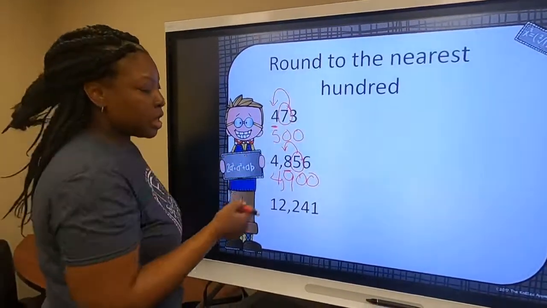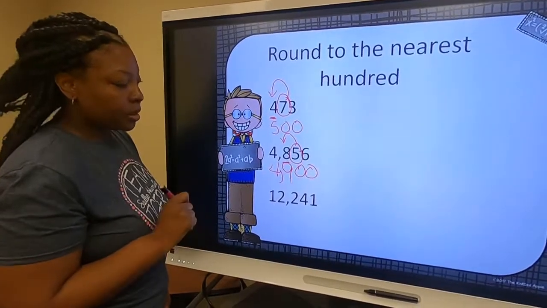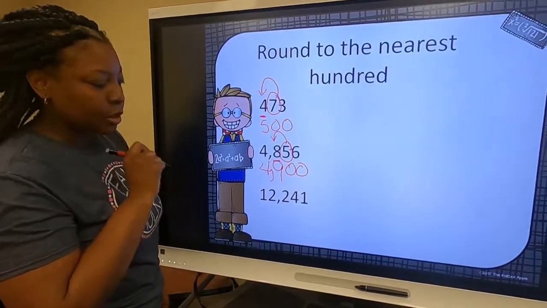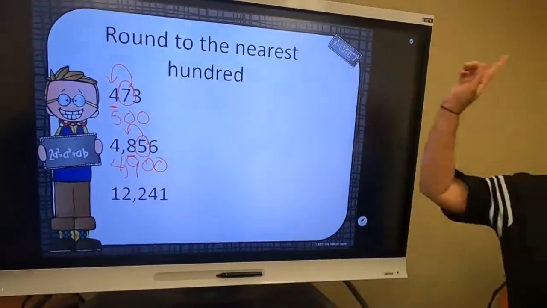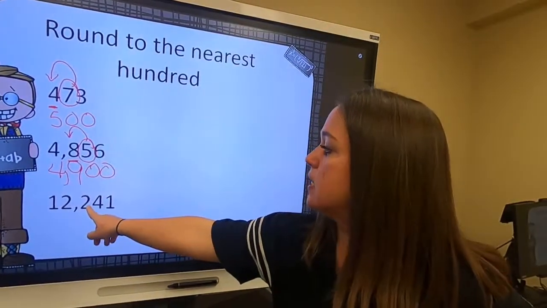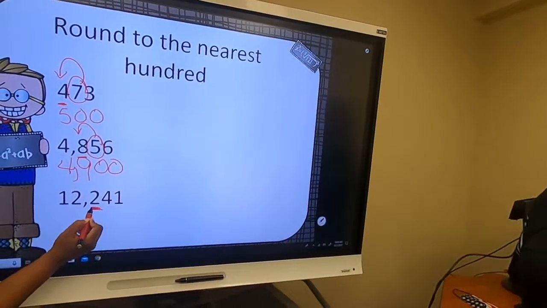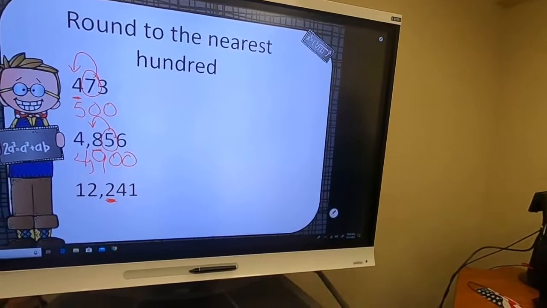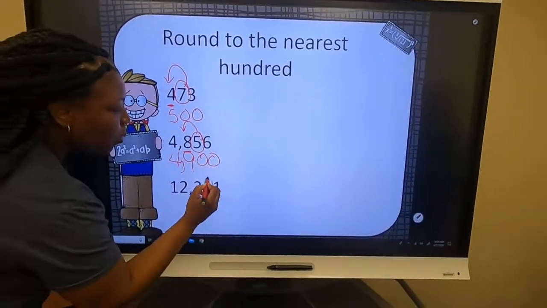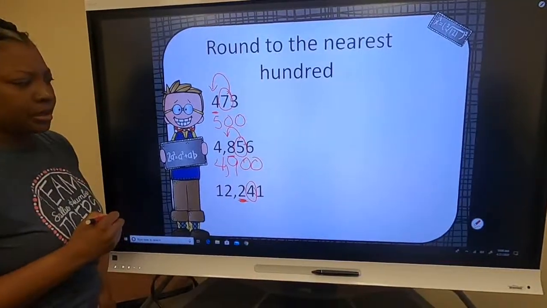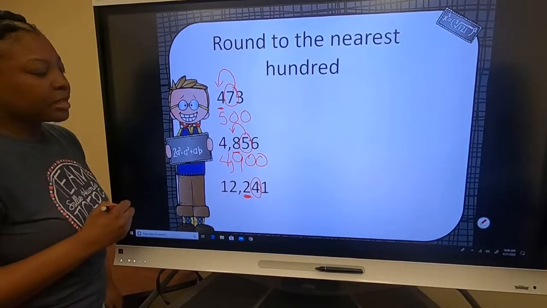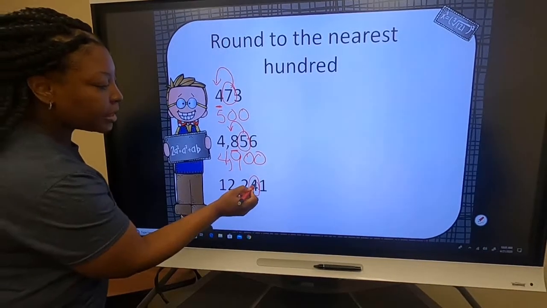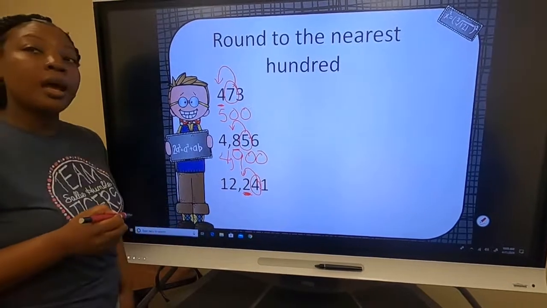12,241 rounded to the nearest 100. Miss Wilson, what spot do I need to mark? You need to mark this 2 right there because that is your hundreds place. And I mark my spot and then I go to my right. What place is to my right, Miss Wilson? That is the tens place. But that 4 in the tens place tells me what about that 2?